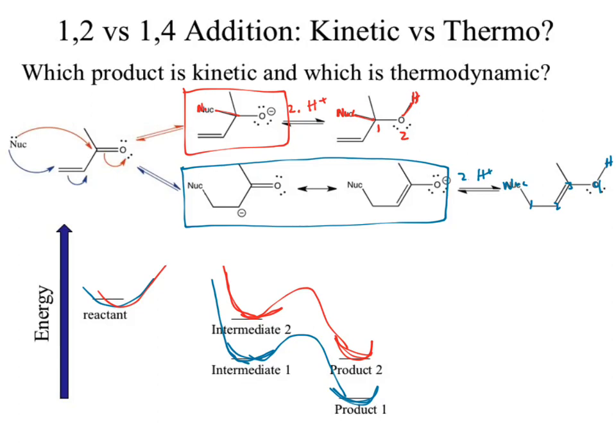Okay? It's not that it doesn't matter. Anybody see an issue here? You get only one product. Why would we get only one product? Because everything about the blue reaction is lower energy. Everything about the blue product right now is lower in energy.